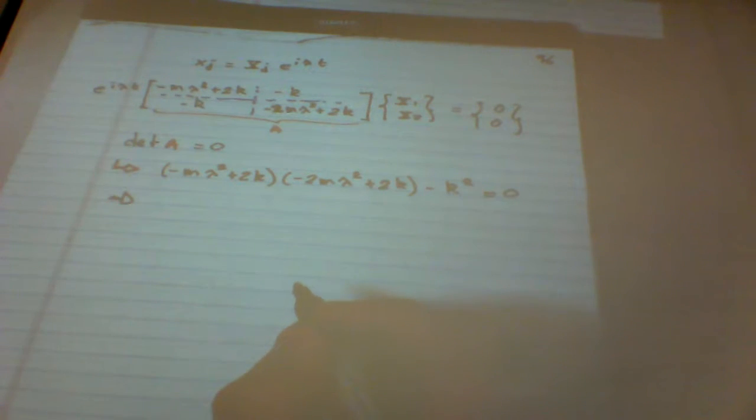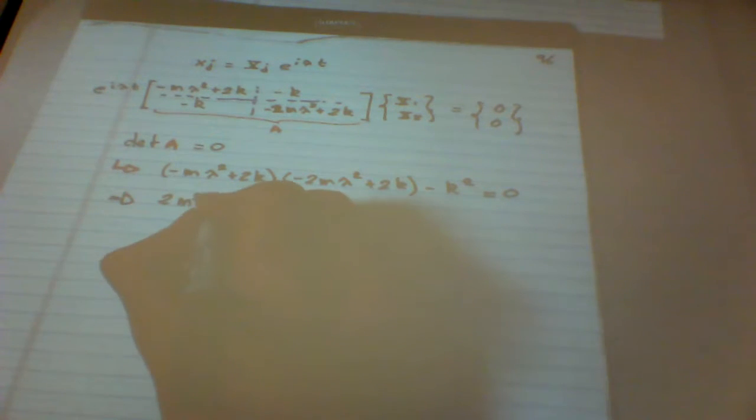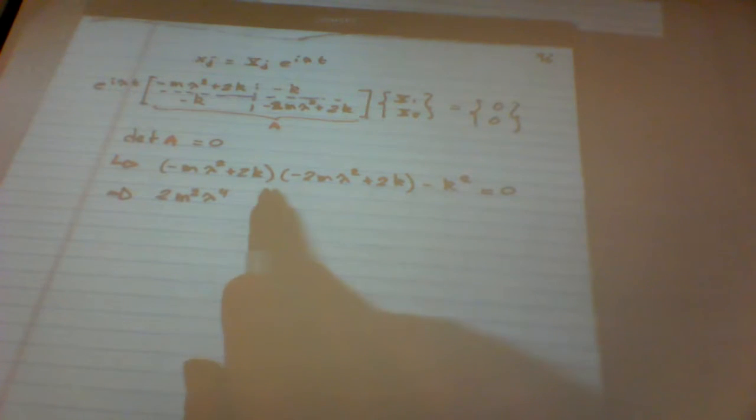So what is that going to give us? 2m squared lambda to the fourth. Now let's see if we can combine. This will give you minus 2mk lambda squared. The other one will give you minus 4, no? Yep.